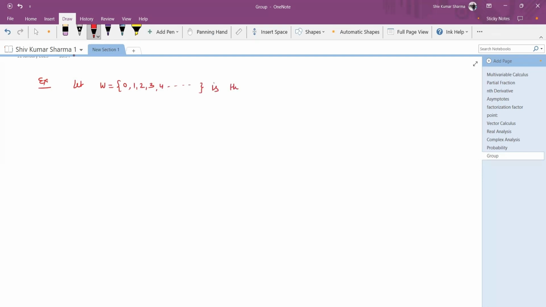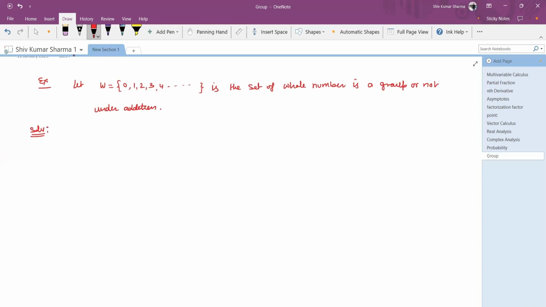Is the set of whole numbers a group or not under addition? So the binary operation we have taken is addition. Now we show whether the set of whole numbers is a group or not.